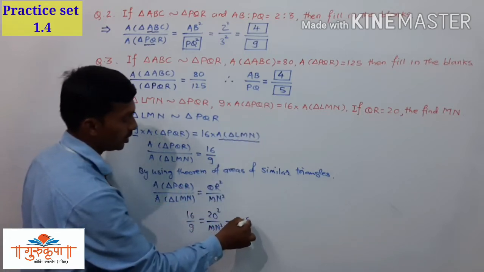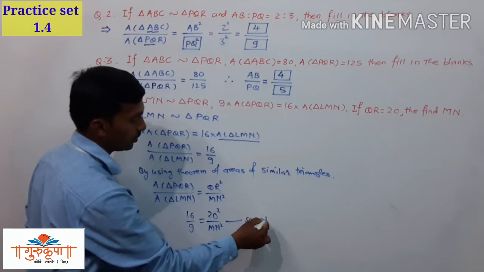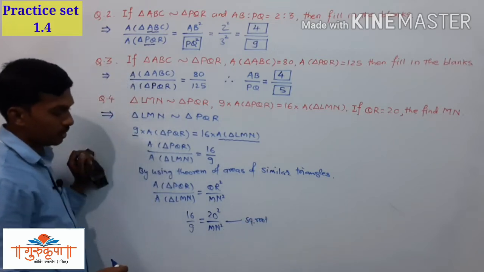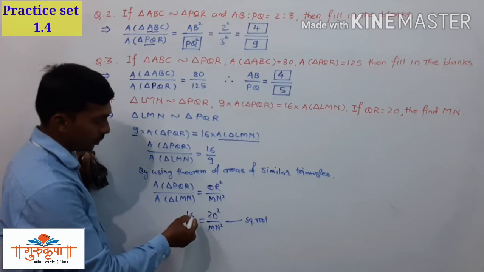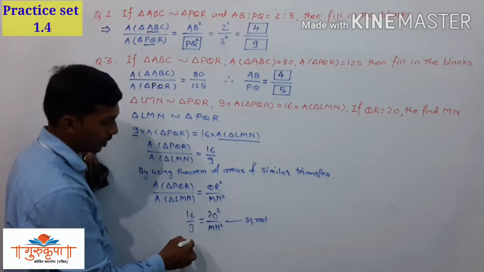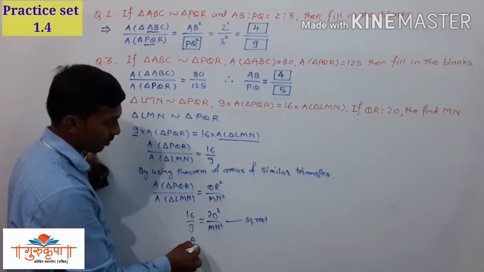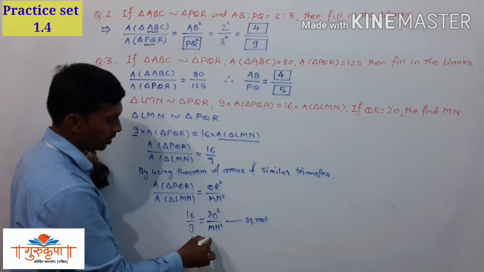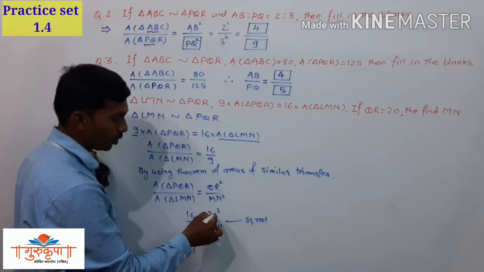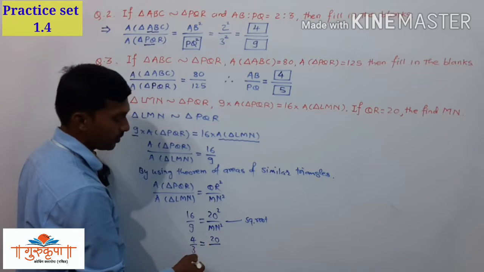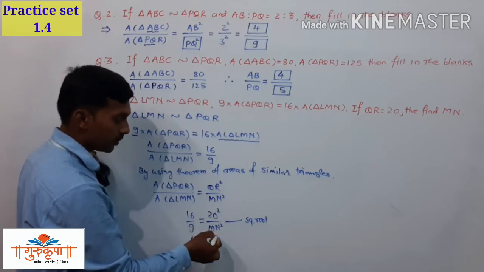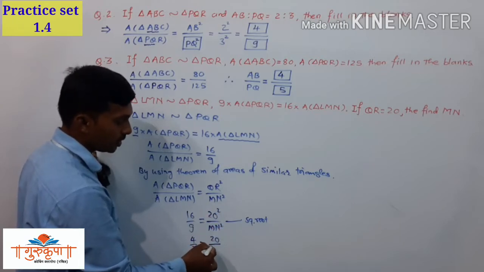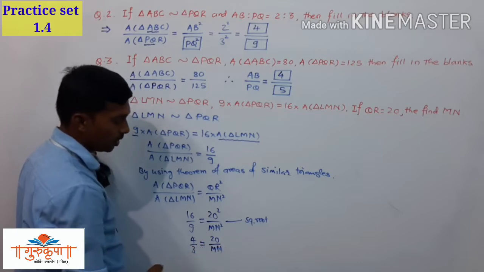Now taking square roots of both sides, we get 4 upon 3 is equal to 20 upon MN. The square root of 20 square is 20 only, and the square root of MN square is MN only.